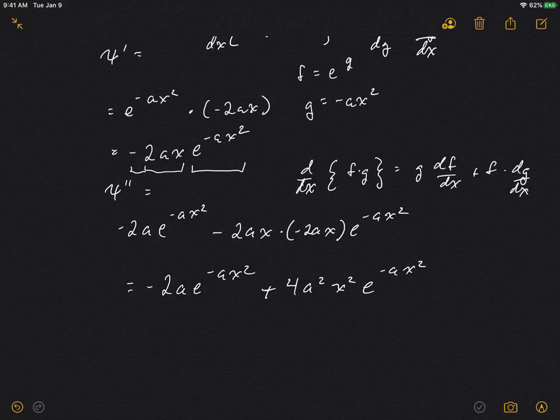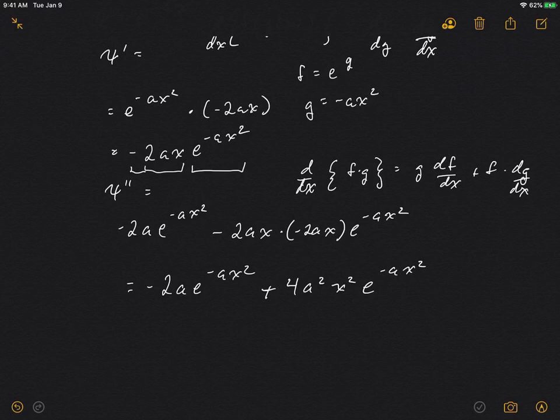Okay, so that would be applying the combination of chain rule and product rule to get the second derivative. And if we look at this, it looks like a function of this type, where we do some change of variables, we set a equal to some specific collection of constants related to, say, h bar and k and mu and so on.